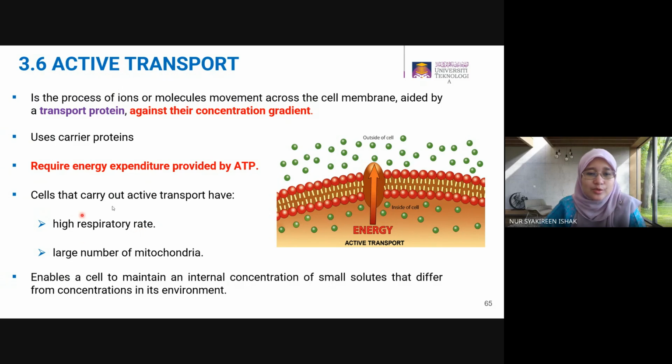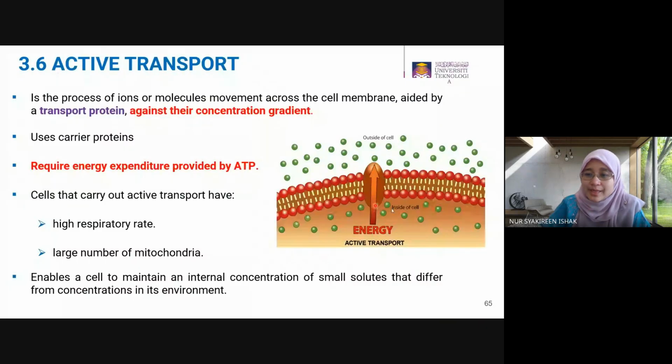To produce a lot of ATP, the cell will need a lot of mitochondria, to carry out a lot of cellular respiration to produce a lot of ATP to provide energy for active transport. This enables a cell to maintain an internal concentration of small solute that differs from the concentration in its environment. In this example, the cell needs to maintain this solute low inside the cell, high outside the cell.